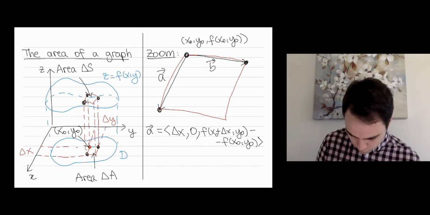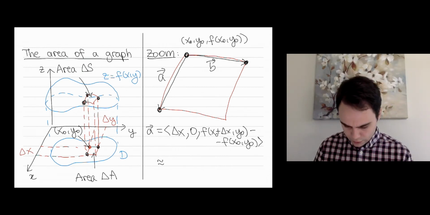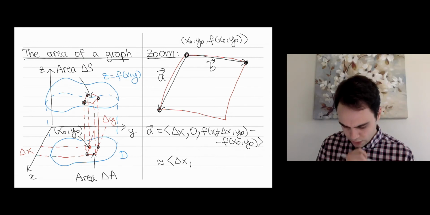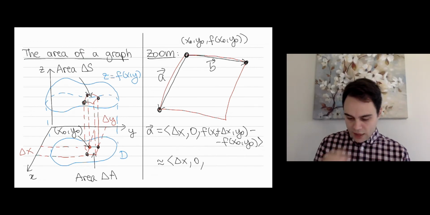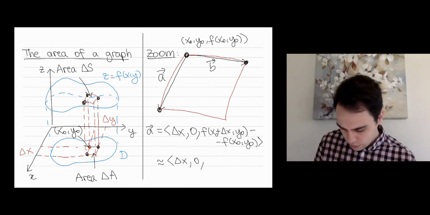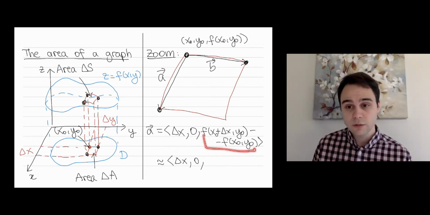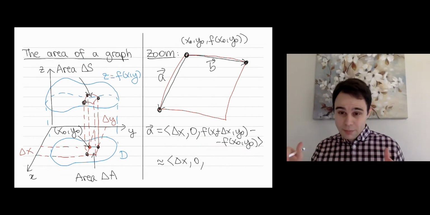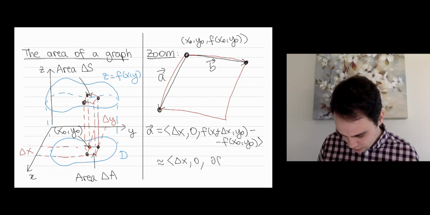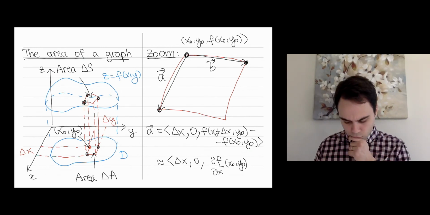Here's an approximate formula for A that's convenient for calculations. So I'll just say that the first coordinate is delta x, the second coordinate is 0, and this difference. So here I'm looking at the difference between two values of f. If I divide it by delta x, I get the x partial, df dx at the point x0 y0.